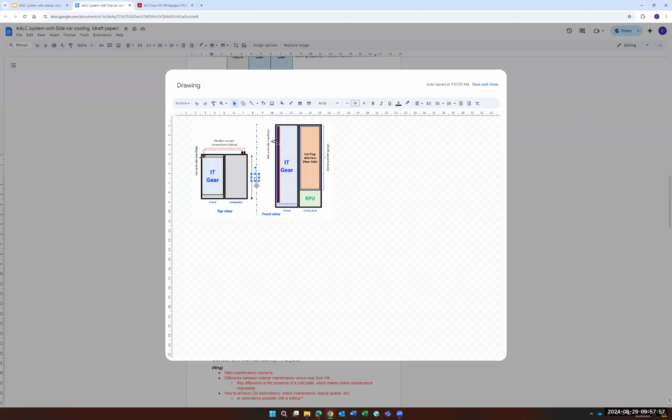Since this is OCP we're working with here, I would expect that the sidecar would have similar dimensions to an OCP v3 rack. That's my assumption too. But is there any other dimension we need to consider, like in terms of height, could it be higher than an OCP rack config?